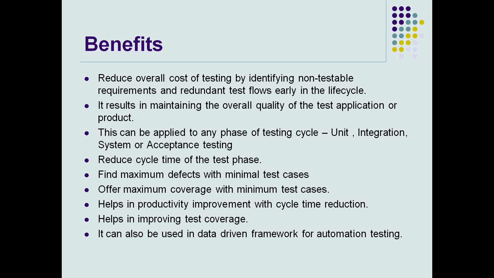It also helps maintain the overall quality of the product, because with a minimum number of combinations you are able to test the application exhaustively. This can be applied to any phase of your testing, that is unit, integration, system, or acceptance testing. This also helps us in reducing the test cycle time of the test phase.